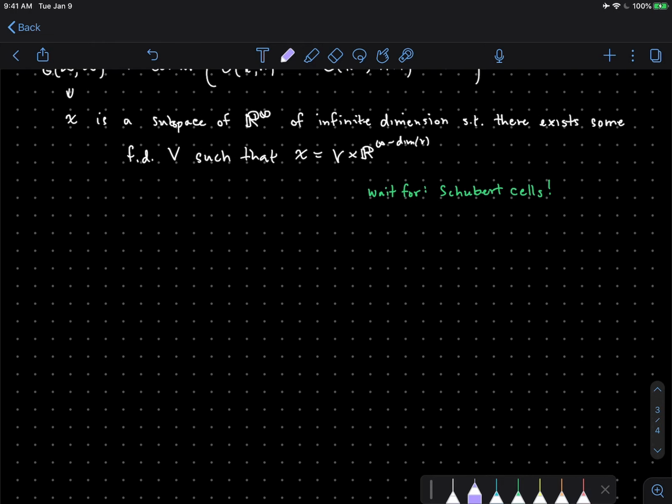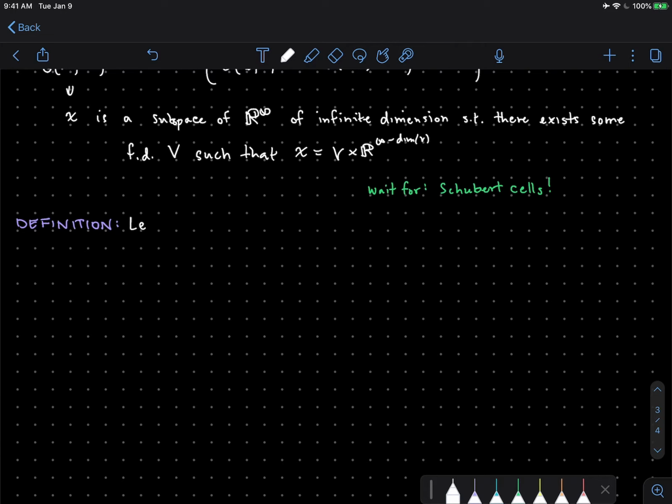Let's get one more generalization. So instead of just looking at a single k-dimensional subspace, we can look at chains of subspaces.